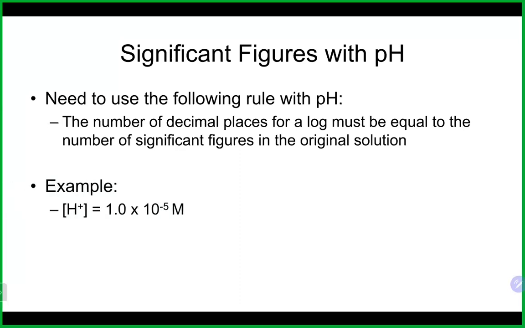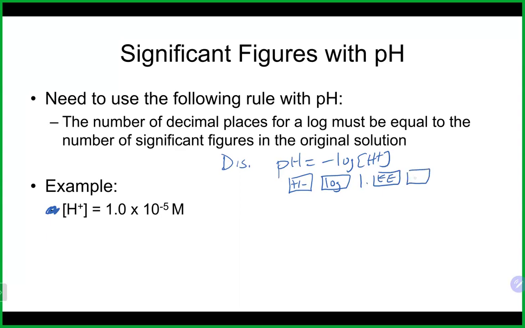Let's say you had an H plus concentration of 1 times 10 to the minus 5. Calculate the pH and give the answer to the correct number of significant figures. Punch it in just the way it's written, which means you should punch into your calculator your negative button, your log button, then 1, your exponent button, your negative button again, and 5, and hit equals.